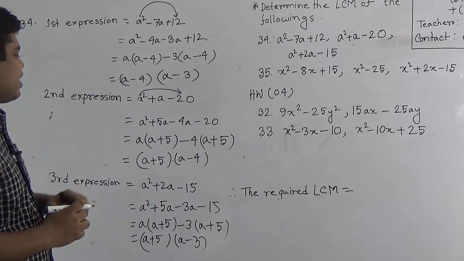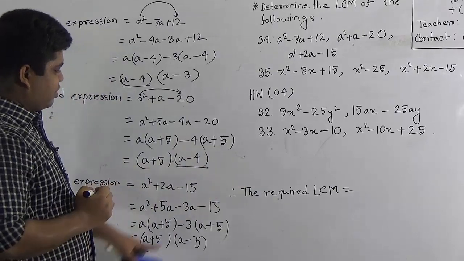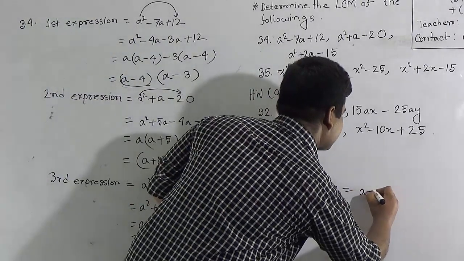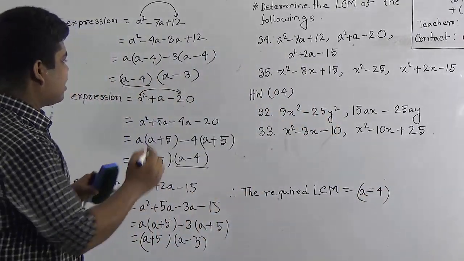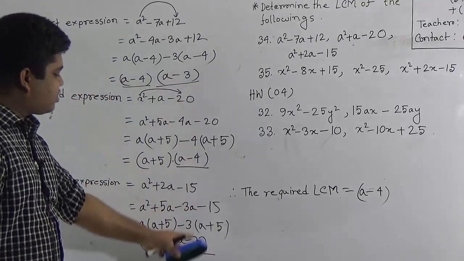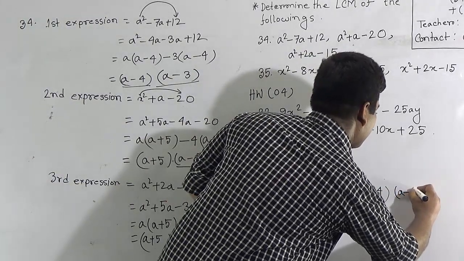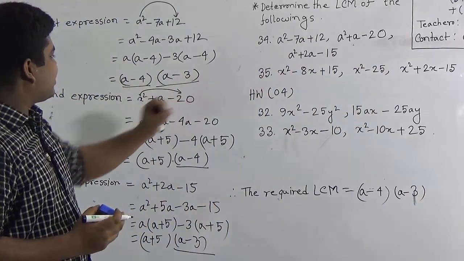My dear students, notice a minus 4, a minus 4. From these two we take one a minus 4. Done. Then a minus 3, a minus 3. From these two we take one a minus 3. So first expression is done.